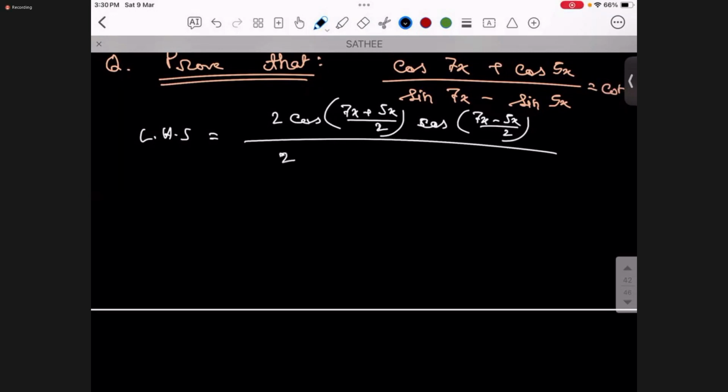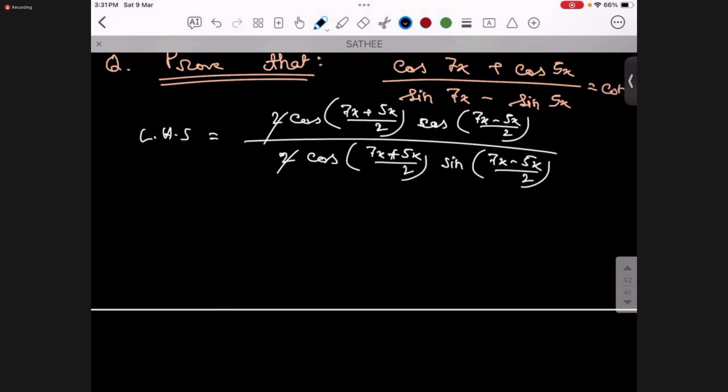That will be 2 cos ((7x plus 5x) by 2) sin ((7x minus 5x) by 2).